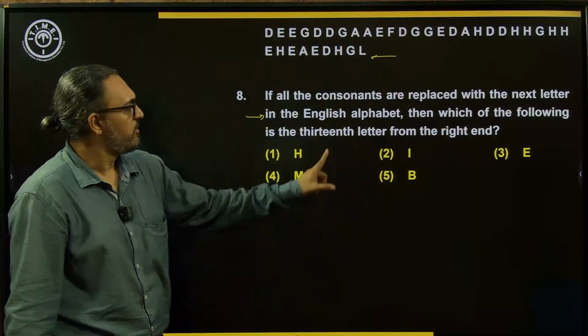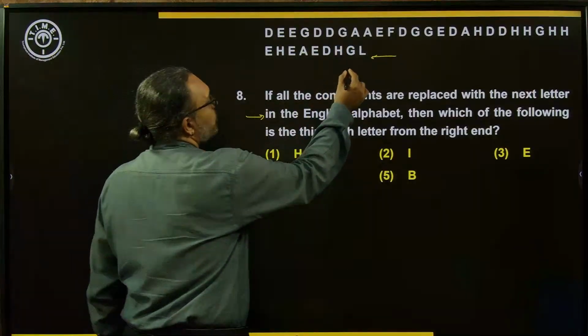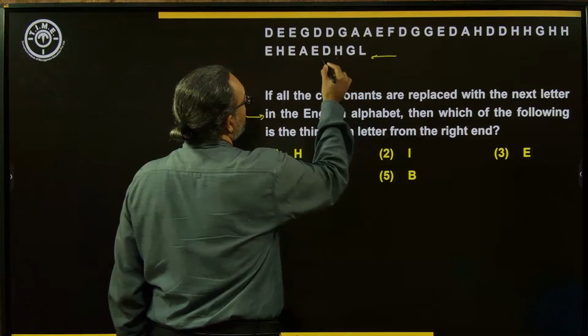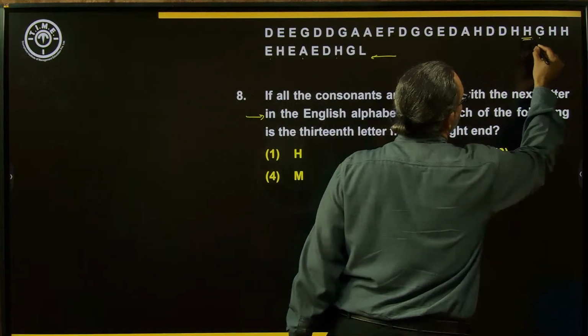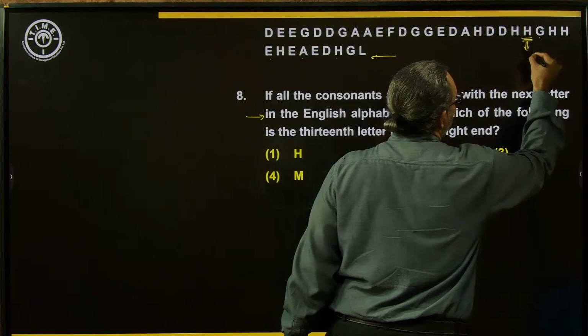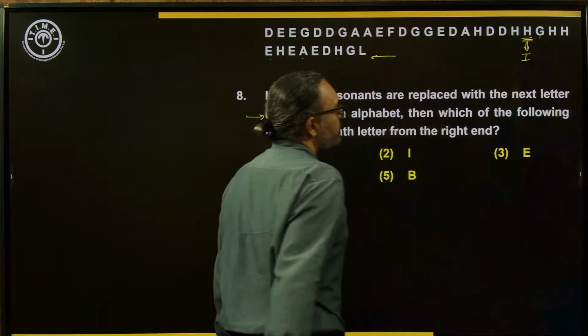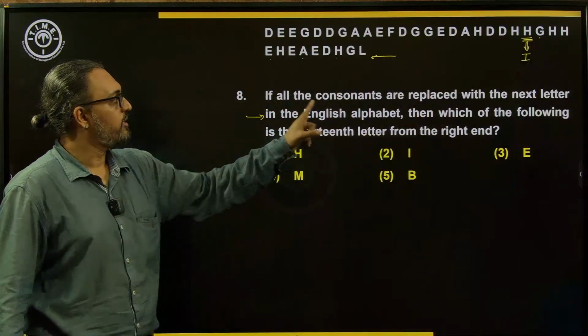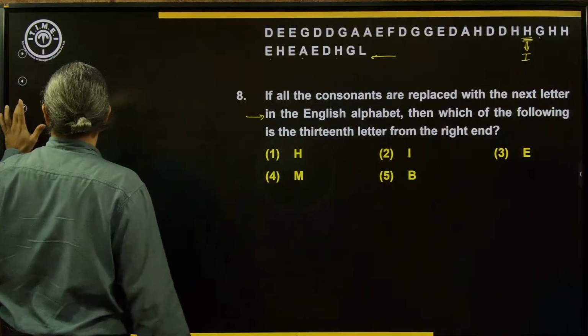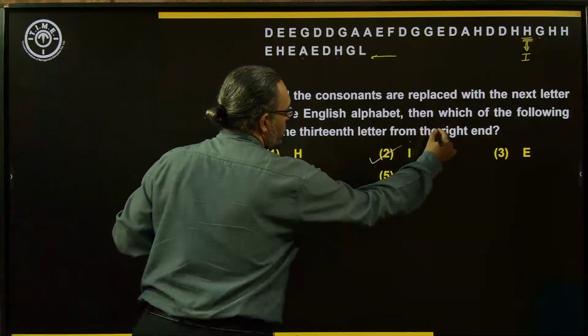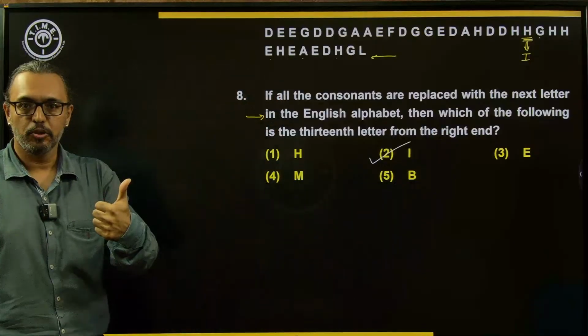So count the 13th from the right end. We have 3 plus 3, 6 plus 3, 9, 12. See, this is the 13th. Now, this is a consonant. Change it to the next, because that is what he says. All the consonants are replaced by the next letter. So what are you going to get? The answer is I. That is there in choice 2.